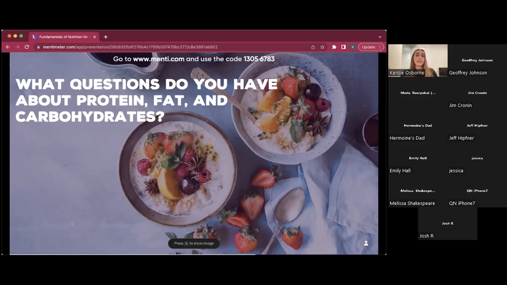We cannot physically digest it, so it slows down our rate of digestion. So if we eat a teaspoon of sugar, we're going to get energy really fast. There's no fiber in pure sugar, and it's really easy for our body to digest and use right away. It's essentially going into our body and then we're using it as energy.